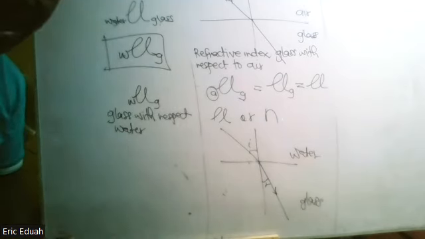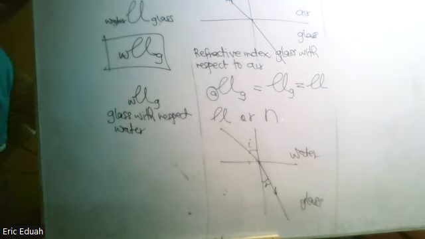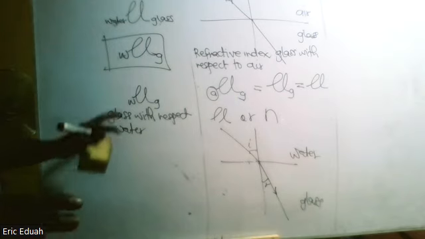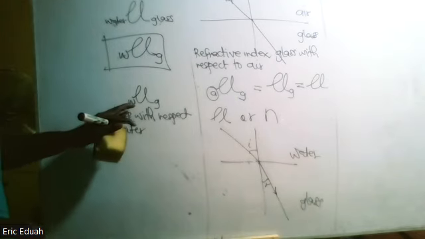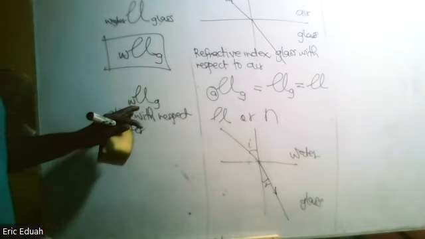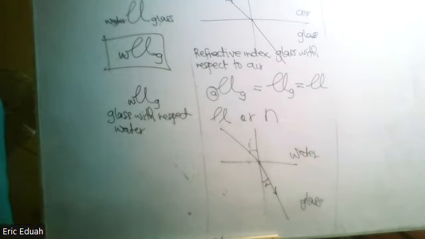Why can't we express this as absolute refractive index? Let me pick your views. Is it because the first medium is not air? Exactly.